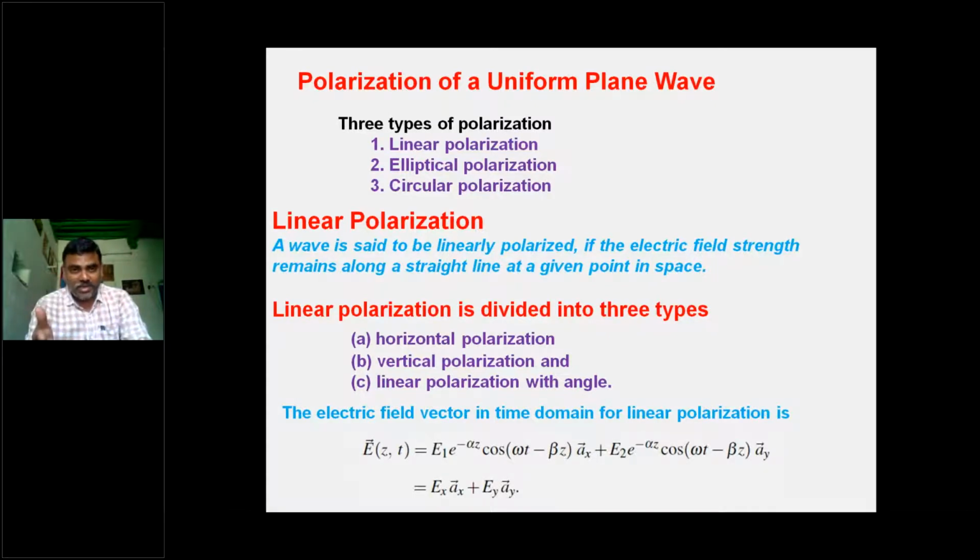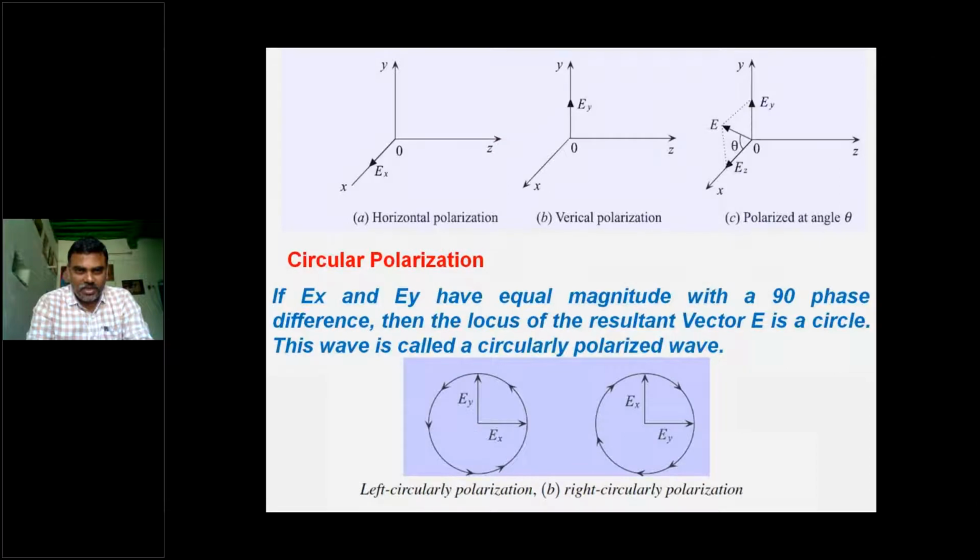And again, within the straight line linear polarization, we have three different cases: horizontal polarization, vertical polarization, and making some angle theta, a theta polarization, or you can say linear polarization with some angle. So in figure 1, we have the direction of propagation along the z direction, and this is called horizontal. Similarly, if E is along the y direction, then we call that vertical polarization.